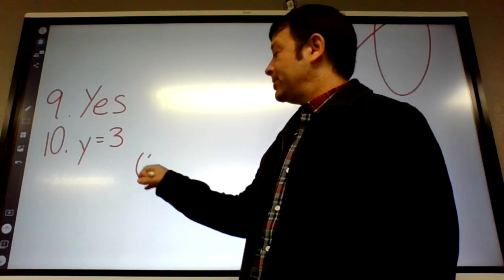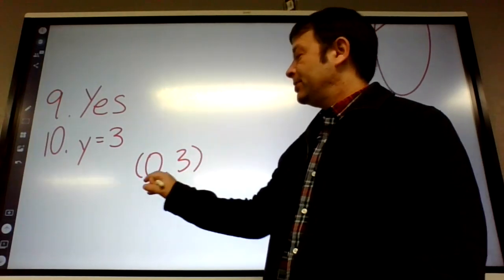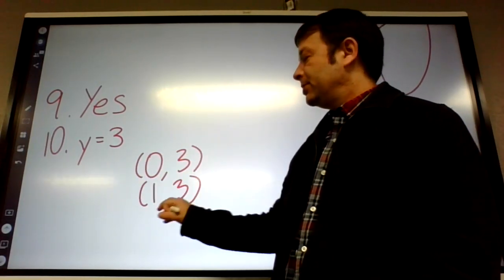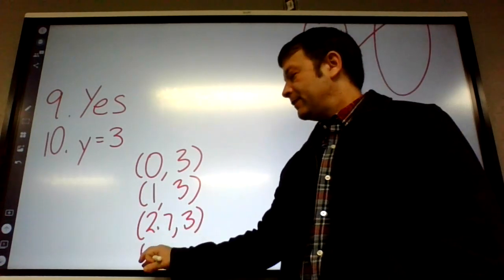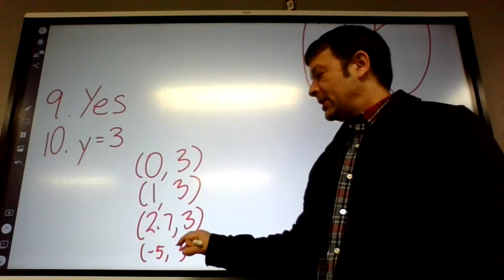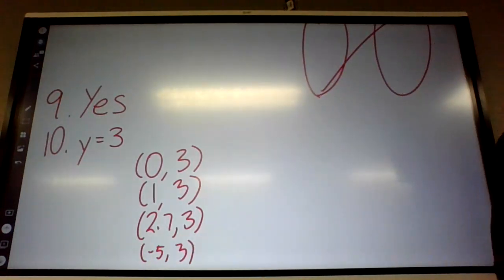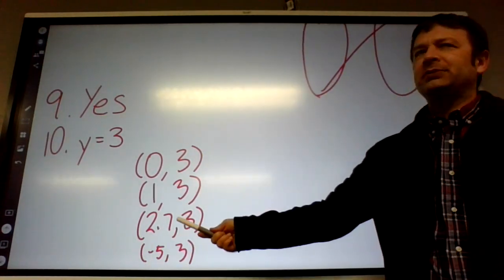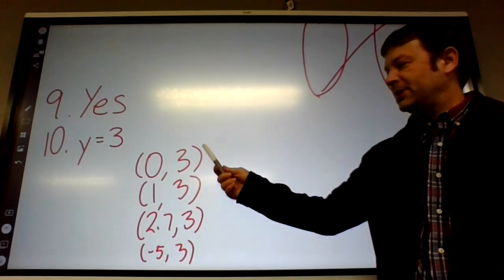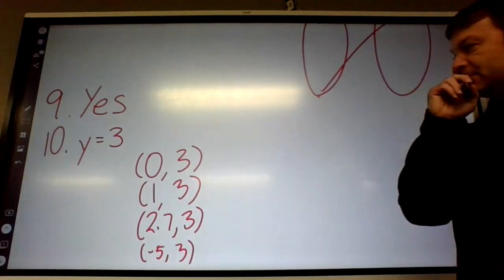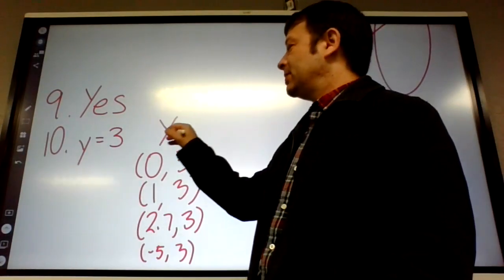So y equals 3 would have points like (0, 3) or (1, 3) or (2.73, 3) or (-5, 3). Whatever x value you use, the y value is always 3. Is this a function? Yes. The x value changes, it doesn't matter if the y value doesn't. So number 10 is just yes.